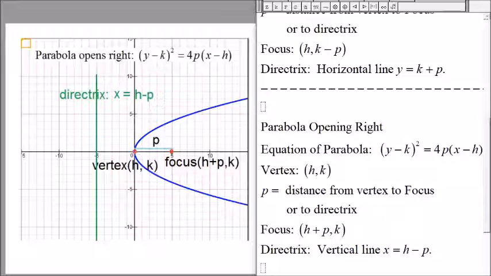And p is still the distance from the vertex to the focus, or vertex to the directrix. The focus this time is located at (h plus p, k), and the directrix is the vertical line x equal to h minus p.